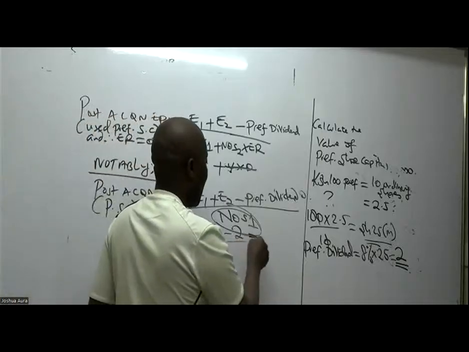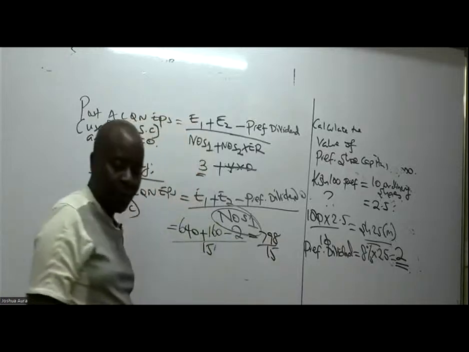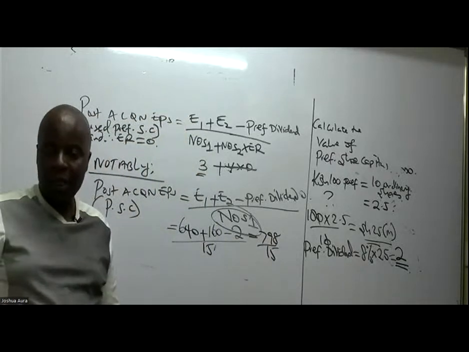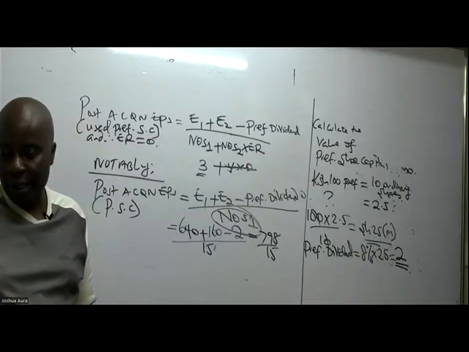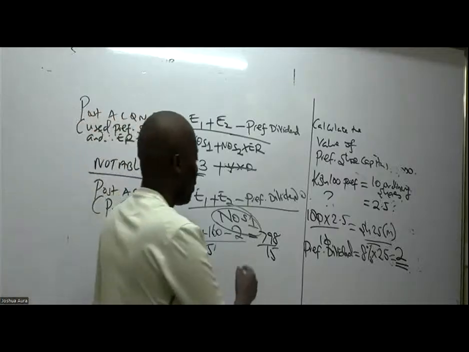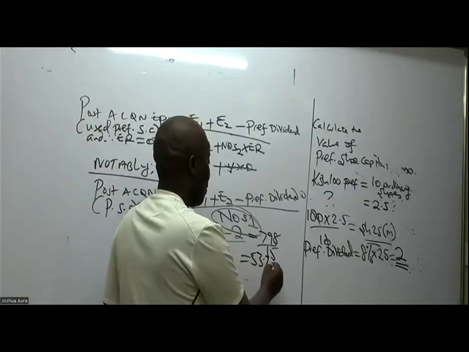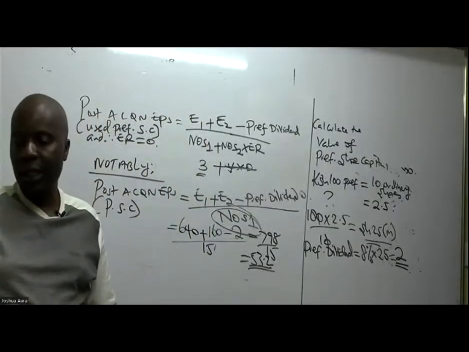So we have 798 divided by 15. That's how you do it in BODMAS. So 798 divided by 15 gives me what figure at the end of the day? We are getting 53.2. Please double underline 53.2.